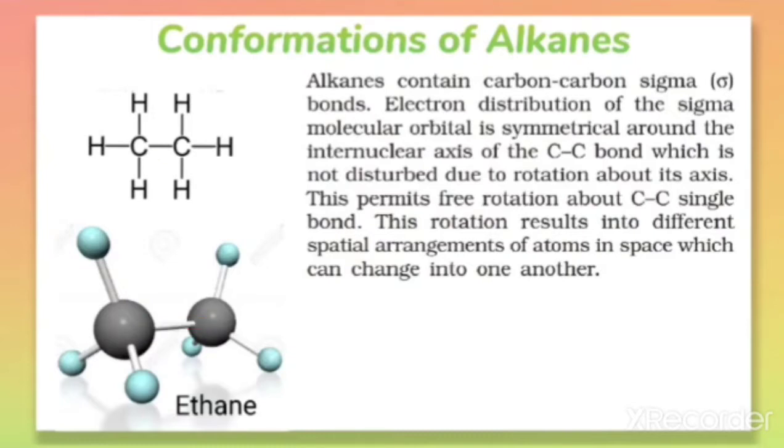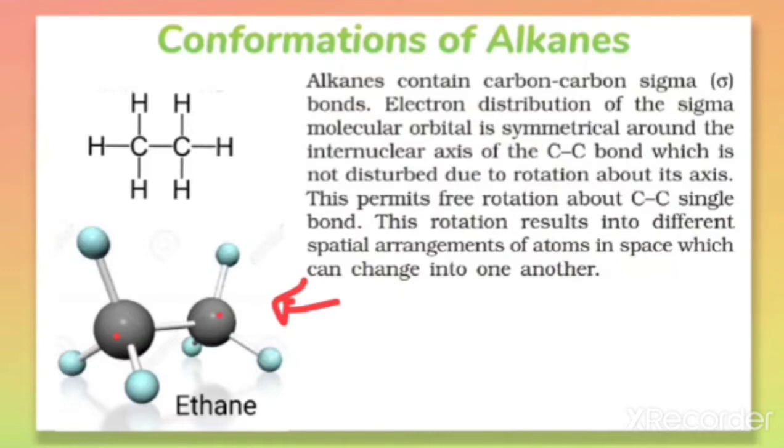So let us make the three-dimensional structure of ethane using the ball and stick model, as shown here. When you have the model with you, keep one of the carbons stationary and rotate the other carbon.